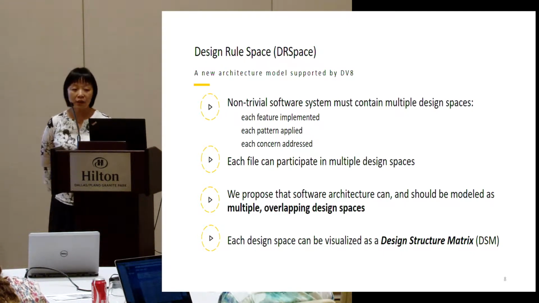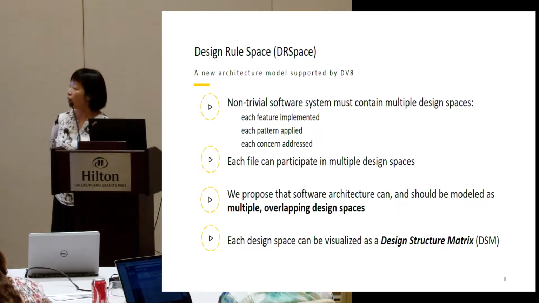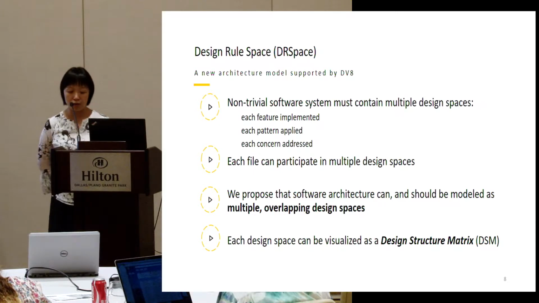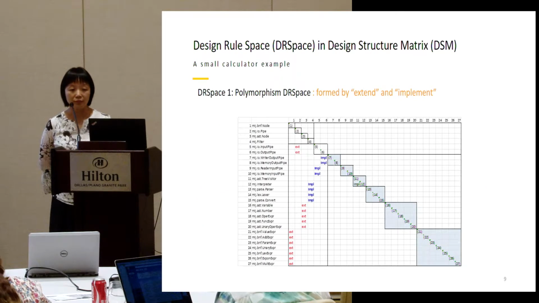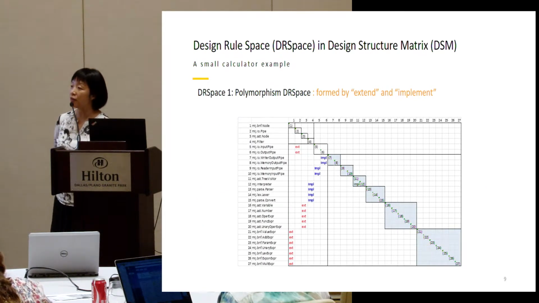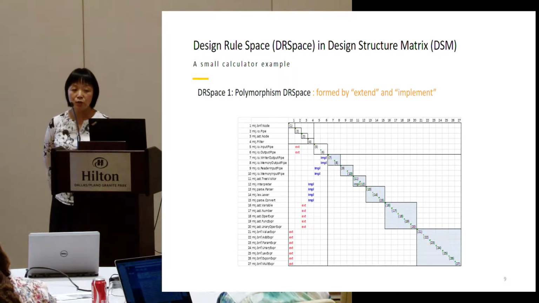Okay, so in this case, we can flexibly extract and view any aspect of your software system, of any design space. And for each design space, we can visualize that using a design structure matrix. And for those of you not familiar with the concept, a design structure matrix is just a square matrix.